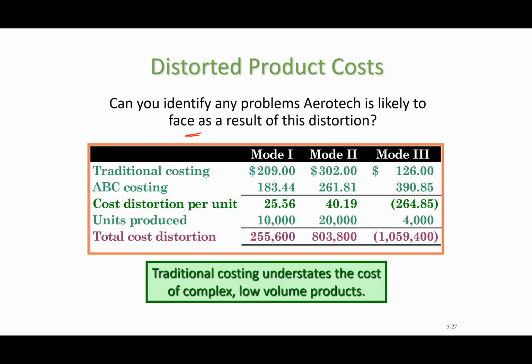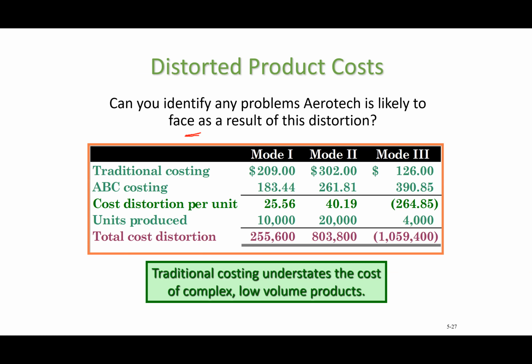So the cost per unit under the ABC costing is deducted from the traditional cost per unit. You can see there are cost distortions, all right? This is cost distortion per unit. So that's $25.56 for Model 1, $40.19 for Model 2, and negative $264.85 for Model 3.